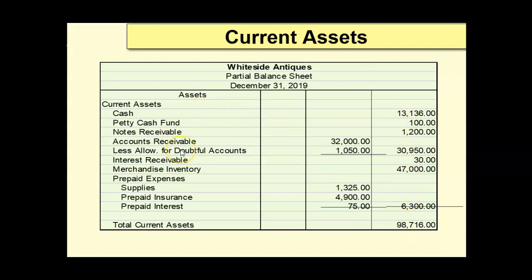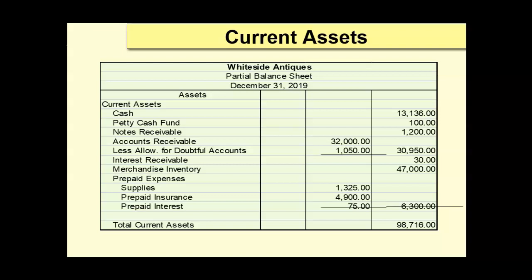Notice that you have the allowance for doubtful accounts, which is a contra asset account. It's subtracted from accounts receivable to get your net accounts receivable. We'll add up all of the assets, including the prepaid expenses. The current assets total $98,716.